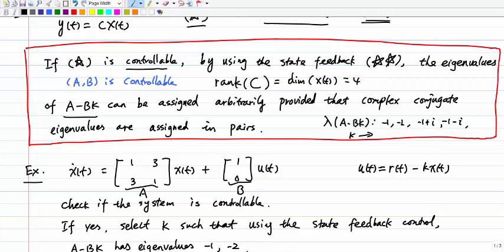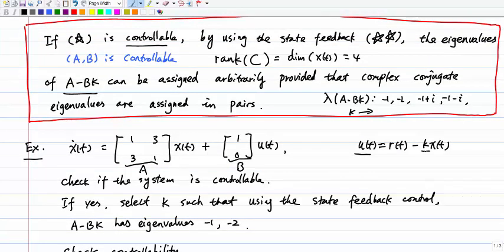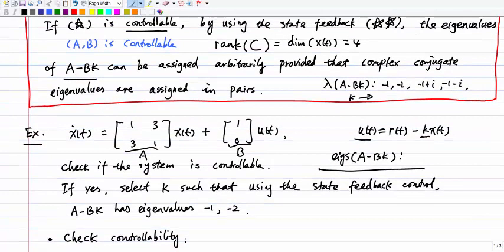My standard state feedback control is given by u(t) equals r(t) minus Kx(t). You have to make sure that I can design K such that the eigenvalues of A minus BK can be arbitrarily assigned, because I want to assign the eigenvalues somewhere. Let's say I want to assign my eigenvalues to be -1 and -2, because the state dimension is 2, so I can only assign 2 eigenvalues.